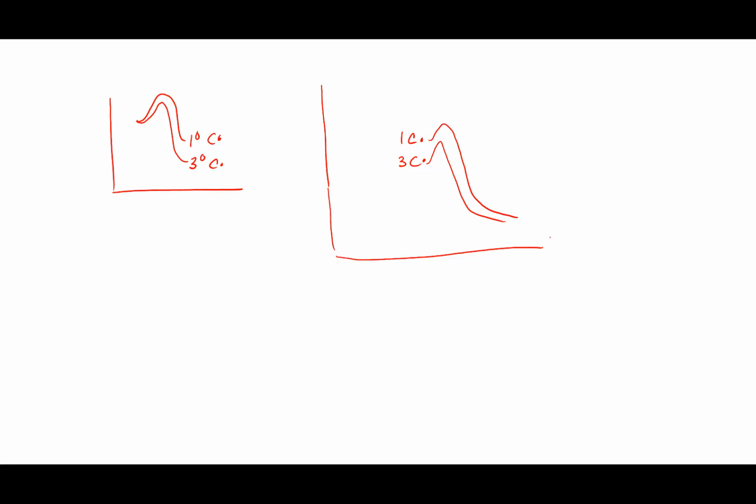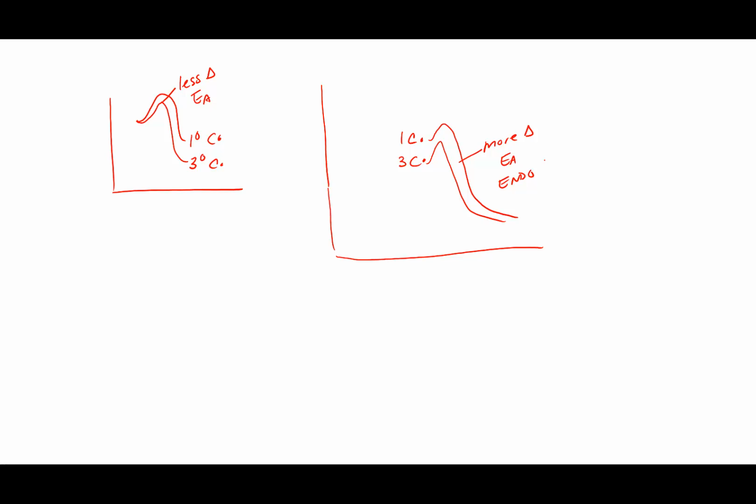And it turns out that there's less difference over here in the exothermic. So I didn't draw these to scale, but there's going to be less difference in the activation energy for an exothermic reaction. And there's going to be more difference in the activation energy when the reaction is endothermic.